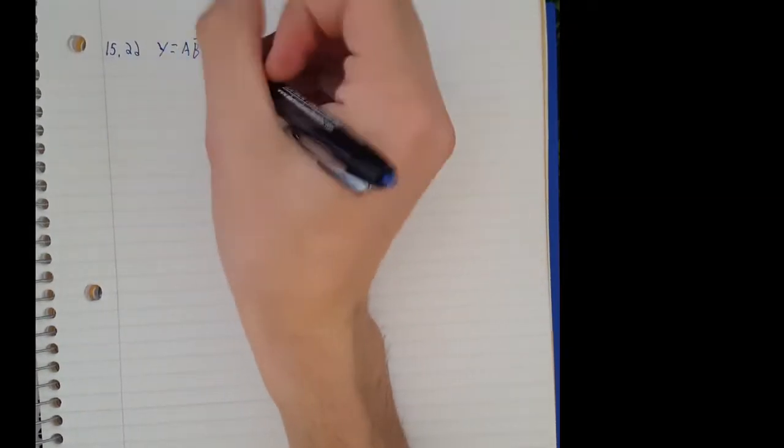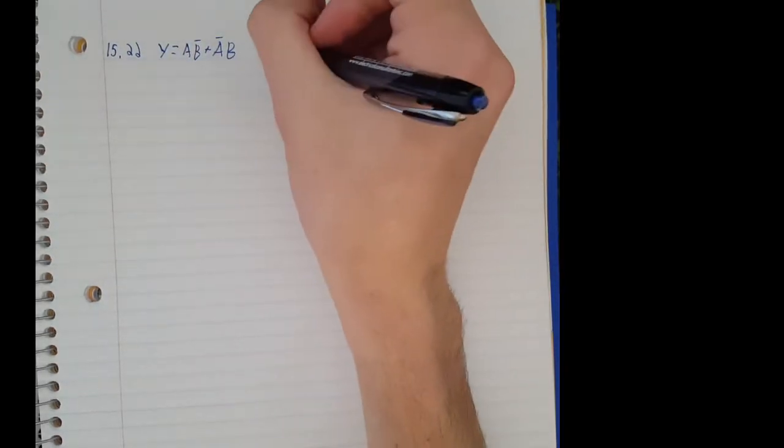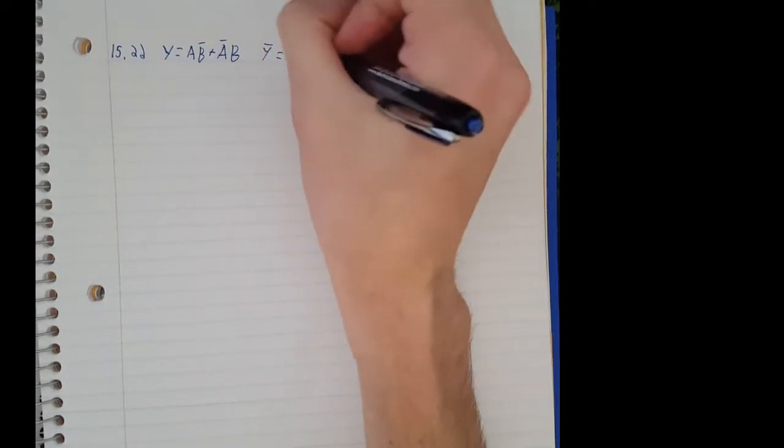This is an XNOR. And so because we want to do a pseudo NMOS, we want to look at it in terms of y naught. So we're going to transform this into y naught. We're going to take the naught of both sides.